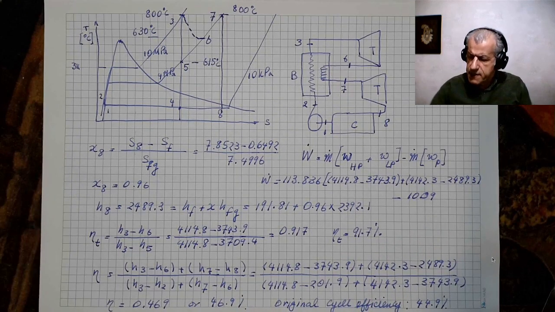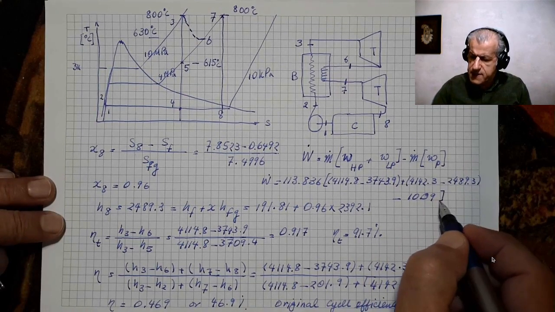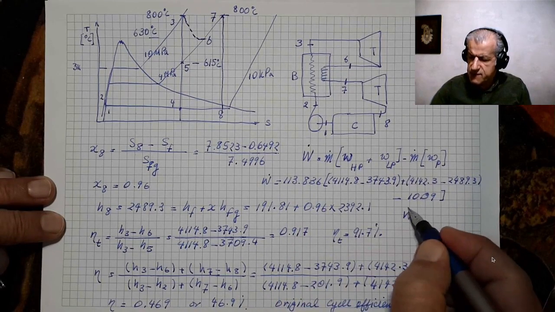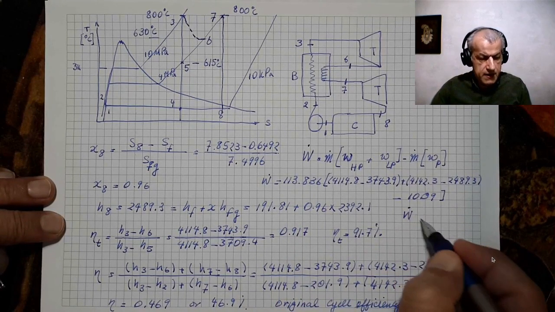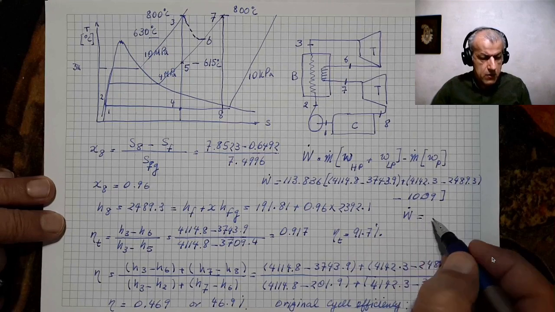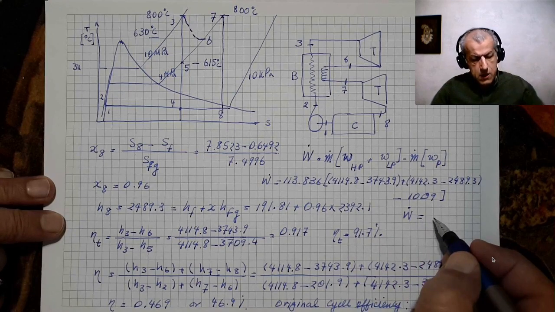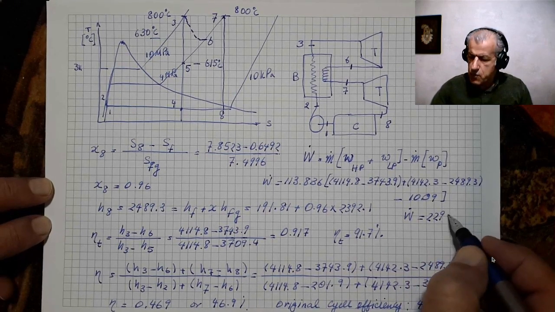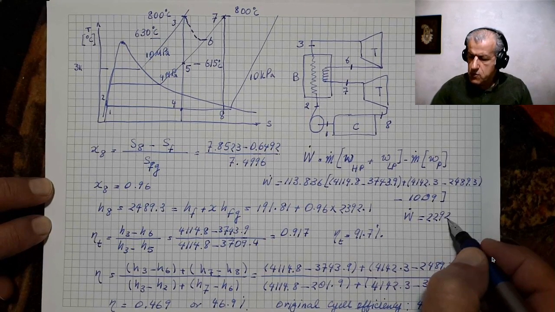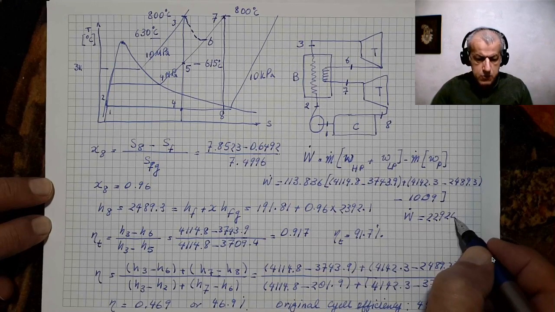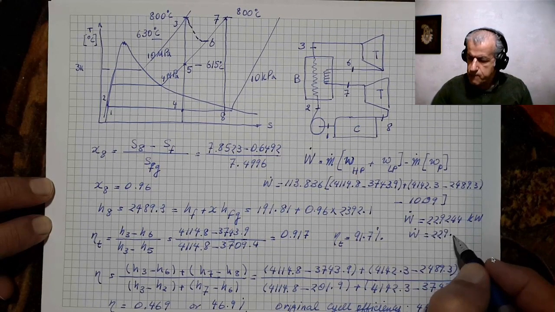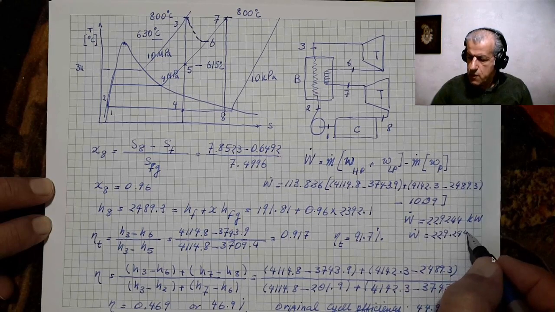And these are all kilojoules per kilogram inside the brackets, multiplied by the mass flow rate, and the final work of the whole cycle would be 229,244 kilowatt, or W dot would be 229.244 megawatts.